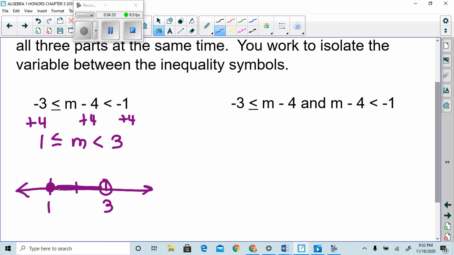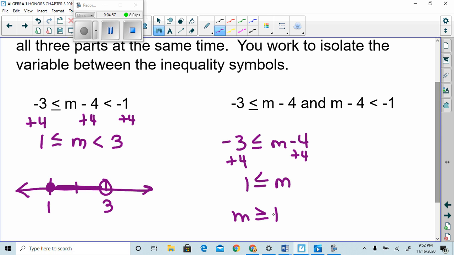Here's what I meant by taking it apart as two separate inequalities. If I forget about the less than 1 for a moment, I can write -3 is less than or equal to m minus 4, and I could add 4 to both sides, and I get the statement that m is greater than or equal to 1.